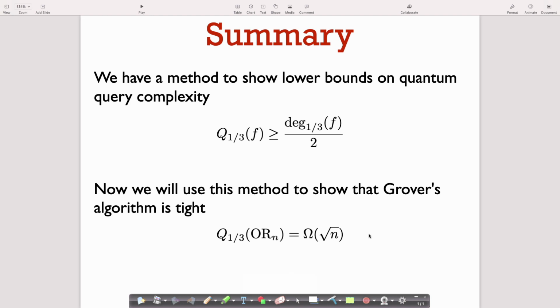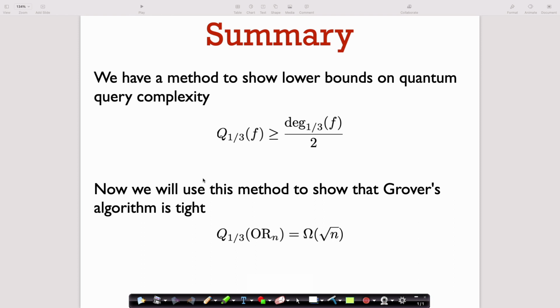What that means is that the 1/3 error quantum query complexity of f is at least the 1/3 error approximating degree of f divided by 2. In other words, we can show lower bounds on quantum query complexity by showing lower bounds on this approximate degree.